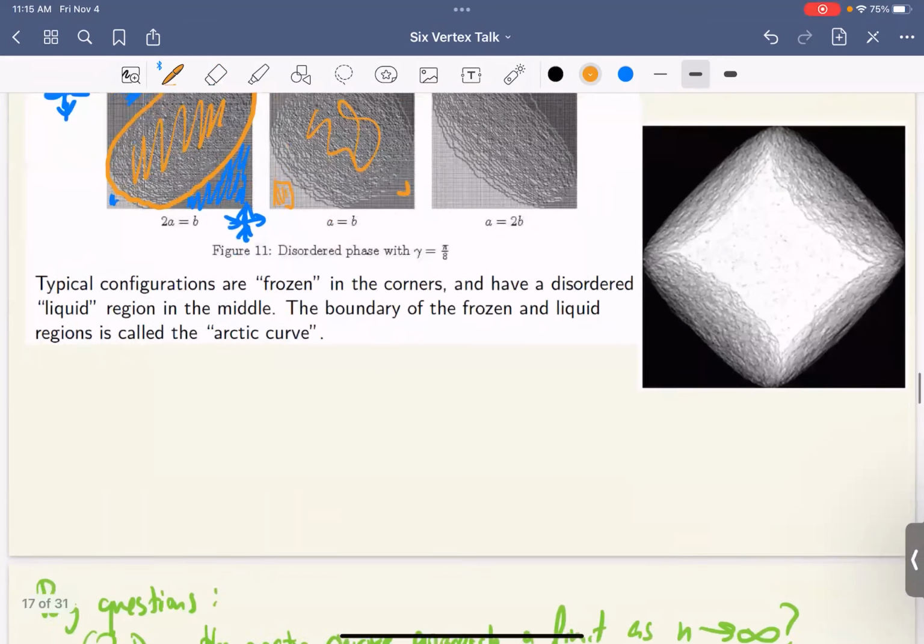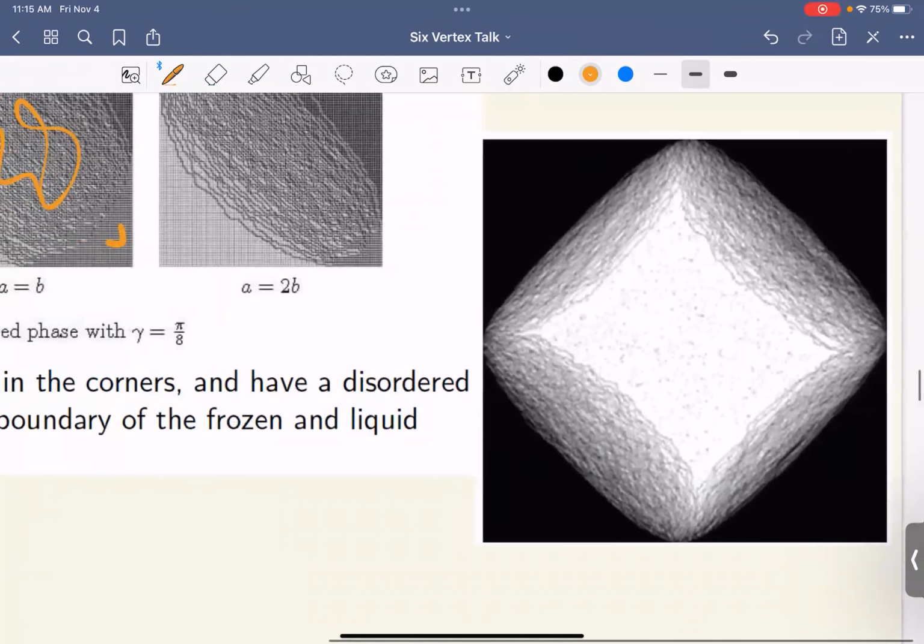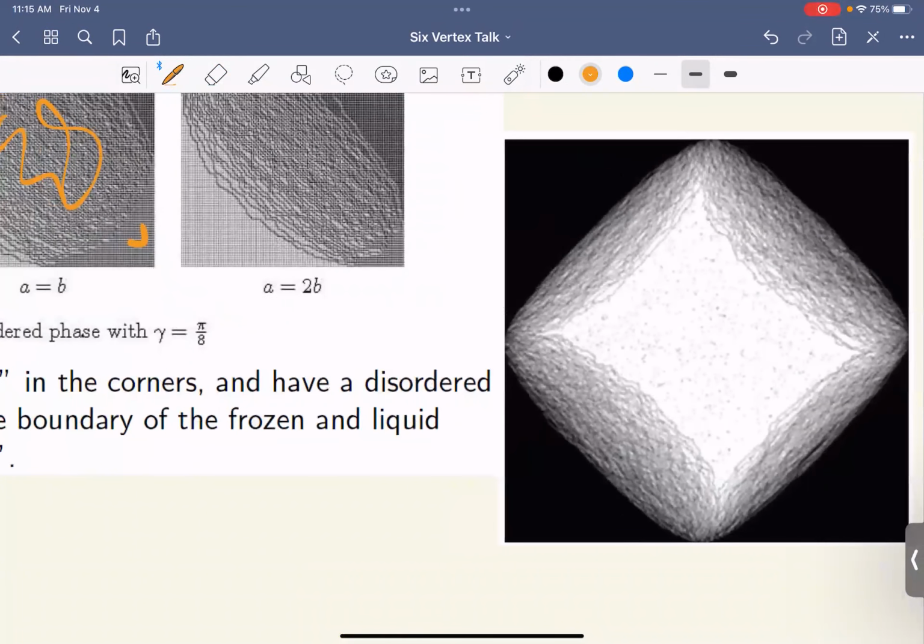The anti-ferroelectric region is even more interesting. So that's where you want to see the type 5 and 6 vertices. We're going to see lots of switches. But you still get these frozen regions. So this picture I can describe: this is a density of the type 5 and 6 vertices.